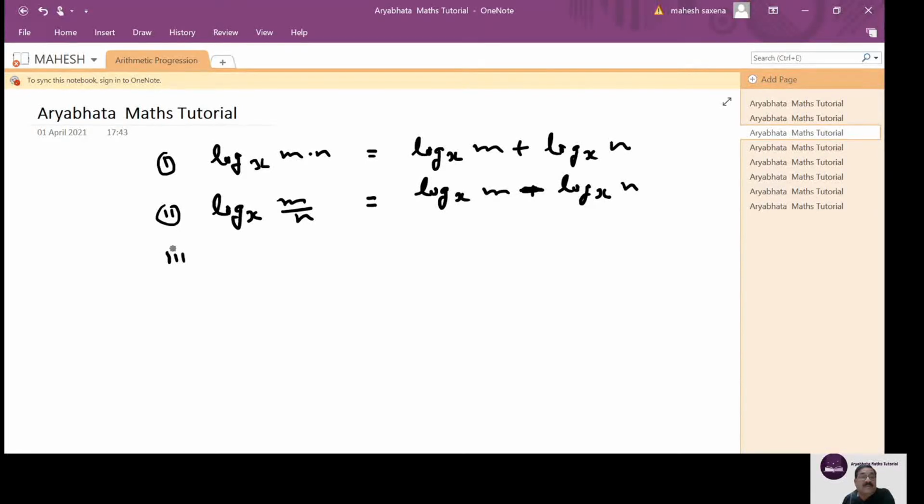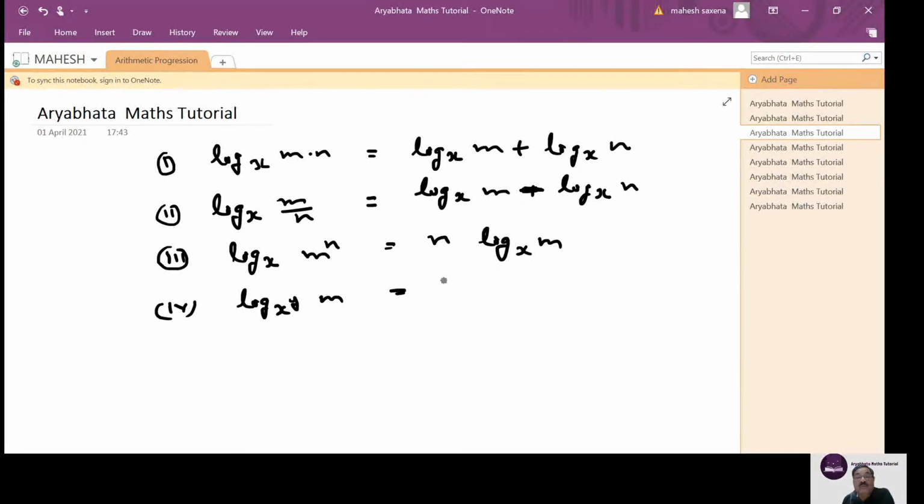Third property is log base x of m to the power n is equal to n times log base x of m. Fourth and very important property is log base x to the power y of m is equal to 1 upon y times log base x of m.